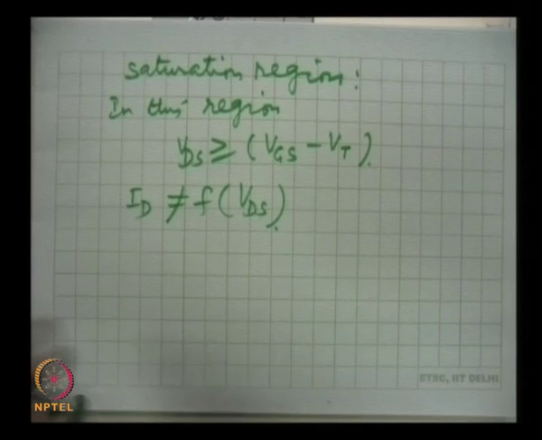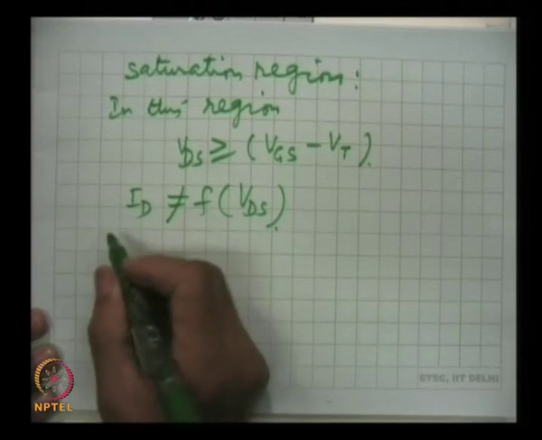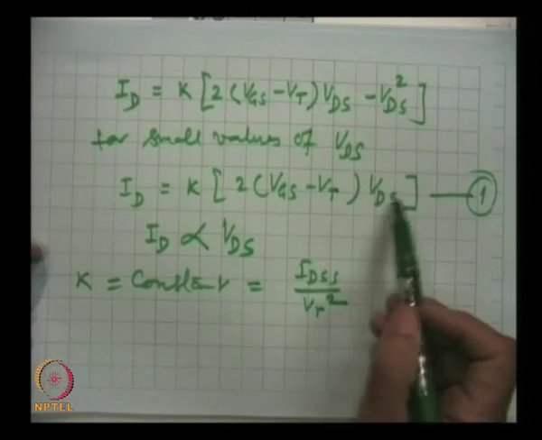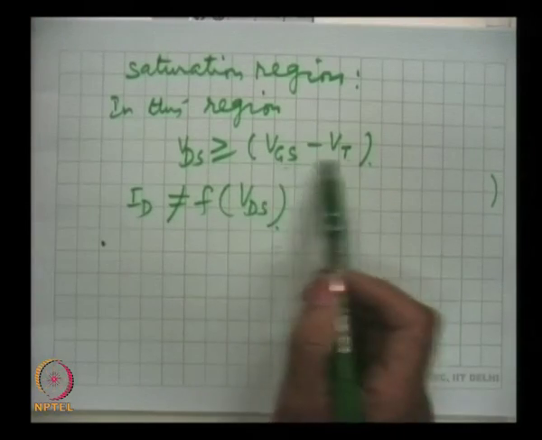Now, this equation we call equation 1, then in this we can substitute VDS by this quantity.